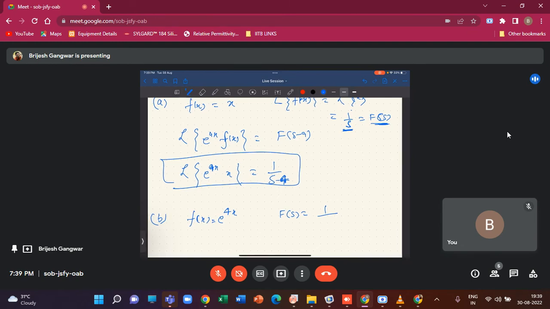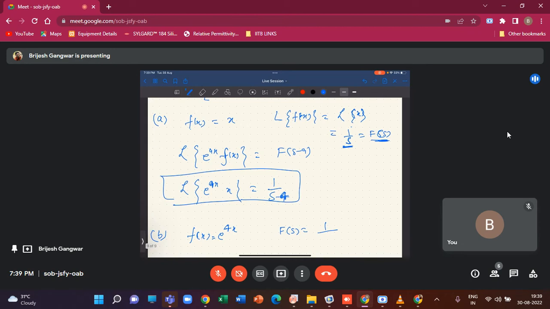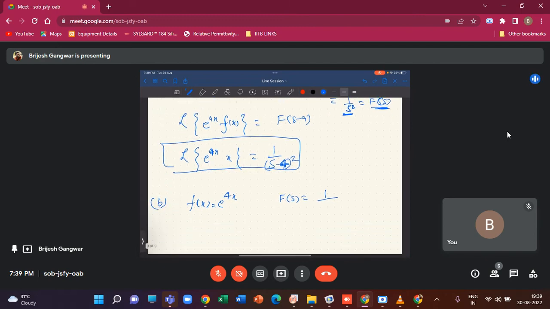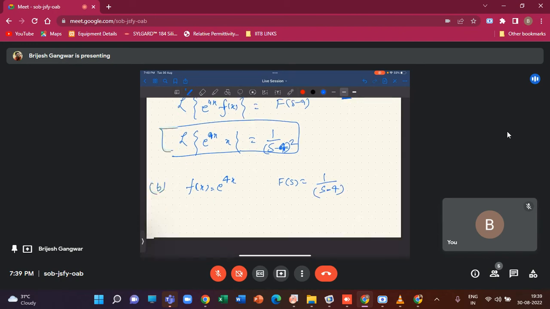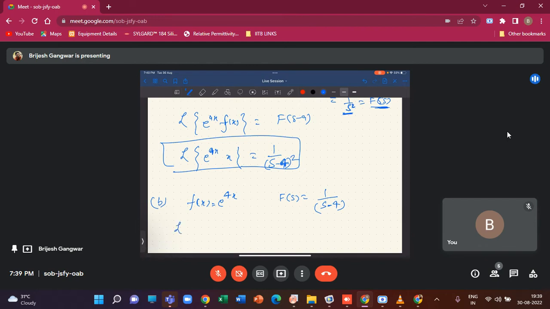Sorry, one mistake we have made. Now if we consider the Laplace of x into the function of x, it is minus d over ds of F(s).